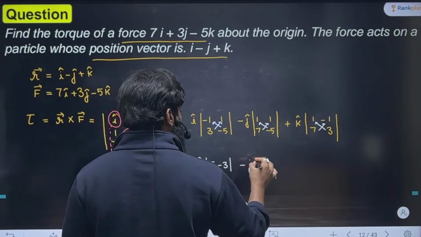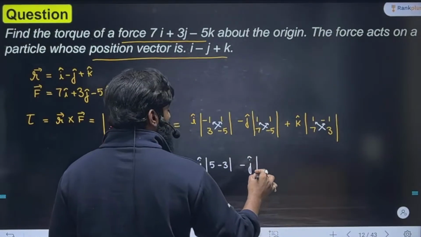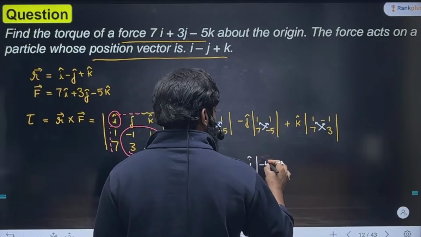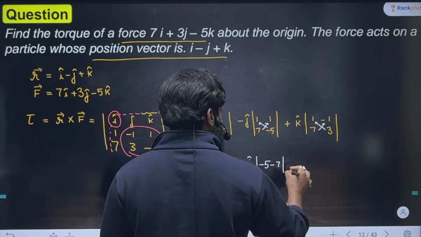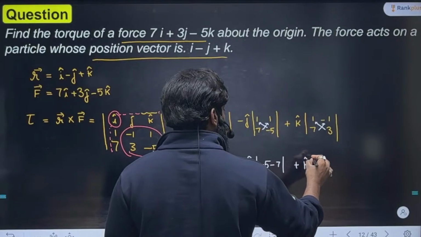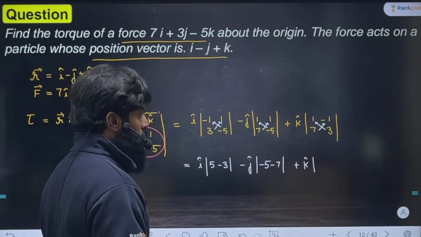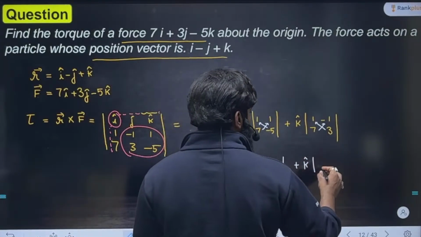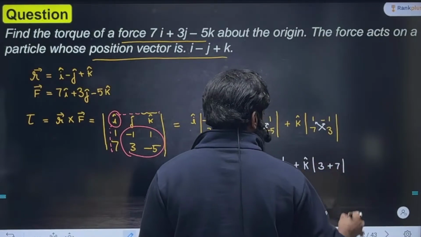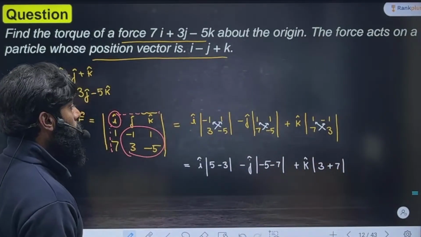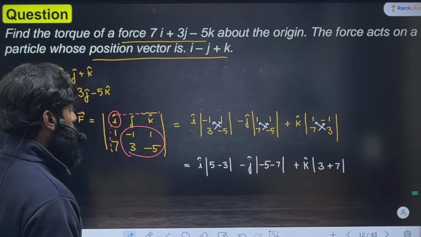Here it's minus j, minus 5 minus 7. Plus k cap, 3 plus 7. Okay, 3 plus 7.